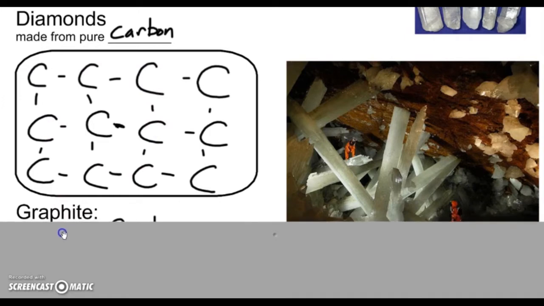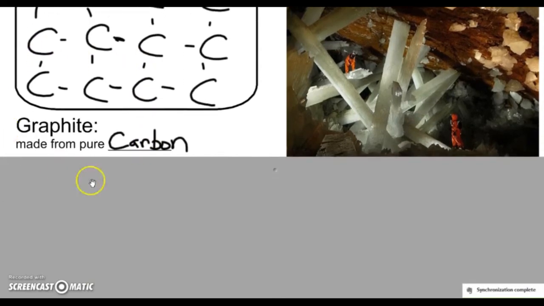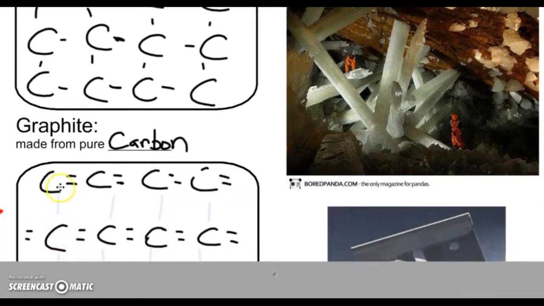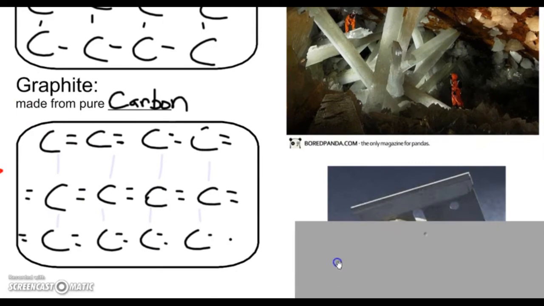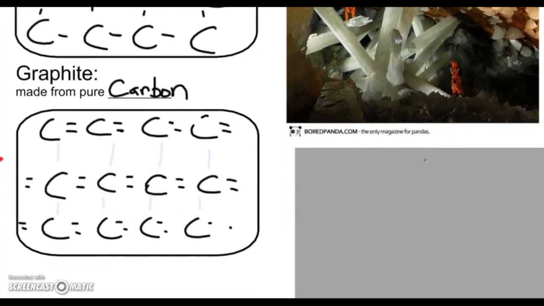Now graphite is also made out of pure carbon. So they're made of the exact same thing, but their crystal shape is different. Graphite, the bonds are like this. There's still 4 bonds on every carbon, but the carbons are bonded with each other twice as much, and then there's this really weak thing holding the graphite together. So that would be how the crystal shape inside of diamonds is different than graphite.